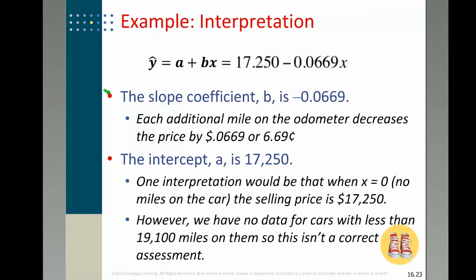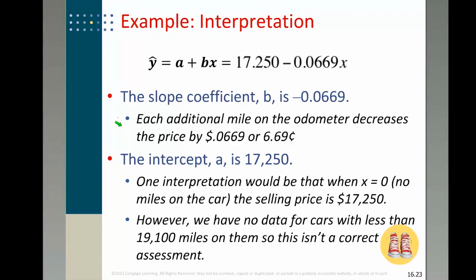So for our example here, the slope coefficient turns out to be negative 0.0669. What does it imply? Or how do we interpret that? Well, since it's negative, first of all, we can tell that x and y are negatively related, which makes sense because typically the higher the mileage, the lower the price of a used car, right? But what exactly do we find? We find that for each additional mile on the odometer, the price will decrease by 6.69 cents.